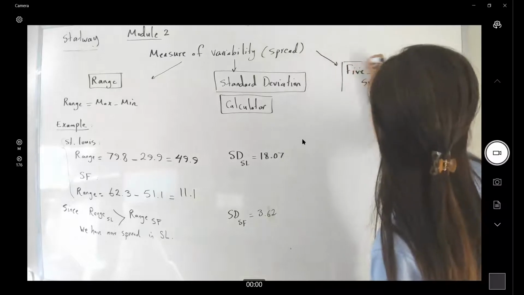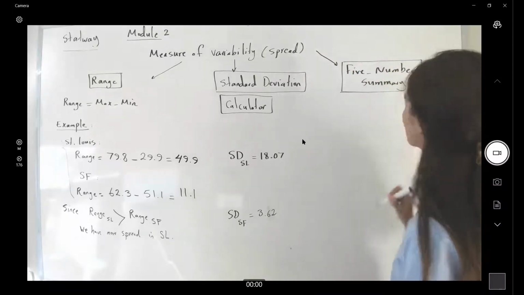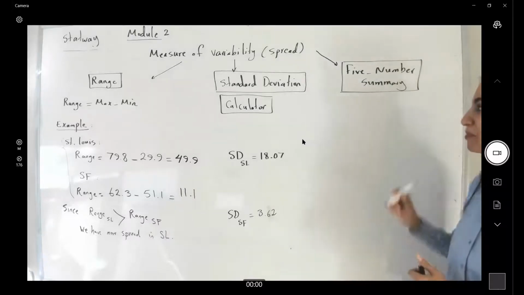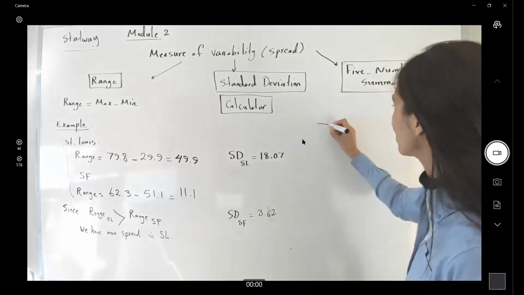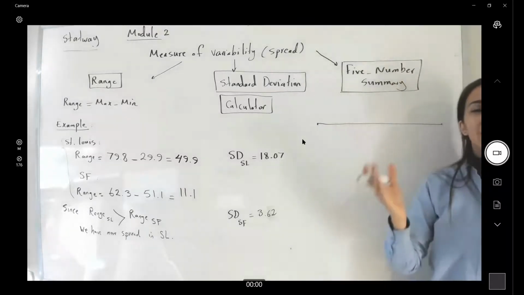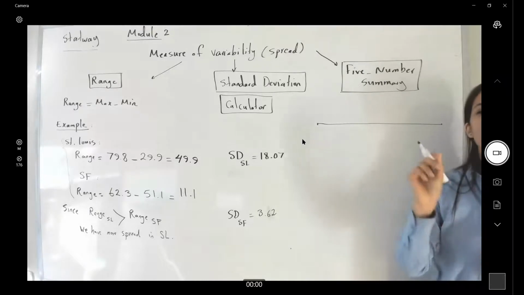Five number summary gives you quartiles. Well, when you have a collection of data, remember that the definition of median was the middle number.